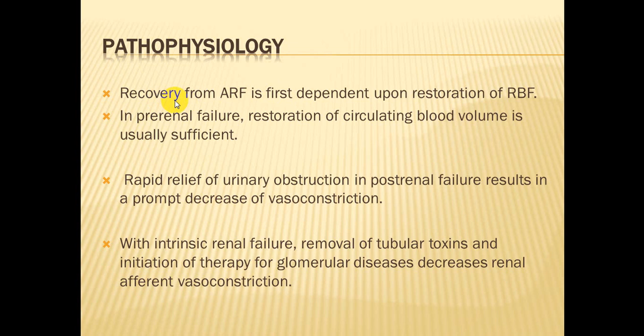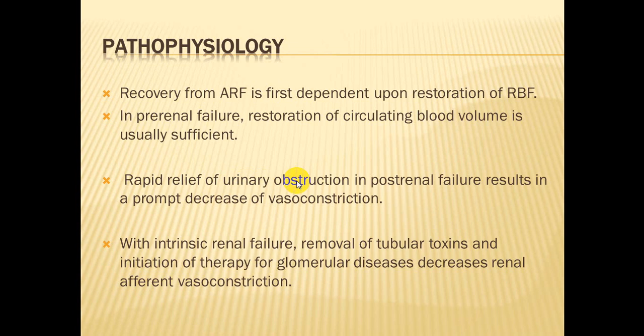Recovery from acute renal failure depends on the restoration of renal blood flow. If there is a pre-renal cause of renal failure, restoration of circulating blood volume is usually sufficient to relieve the acute renal failure.